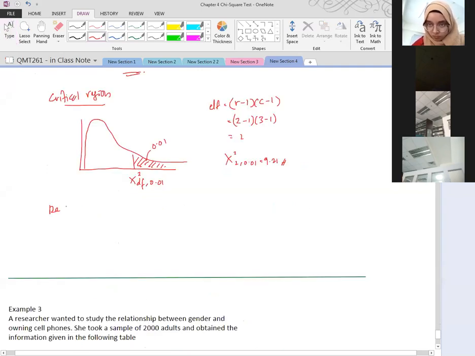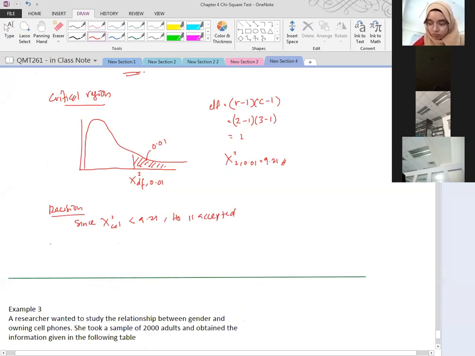So our decision: since chi-squared calculated is less than 9.21, null hypothesis is accepted, right?